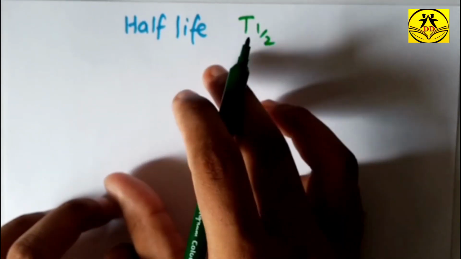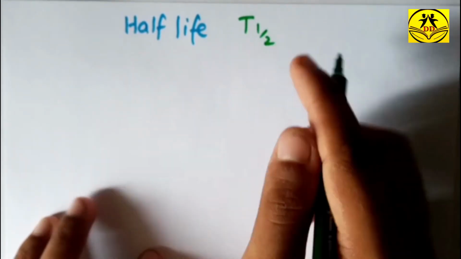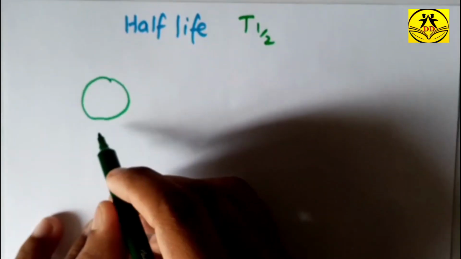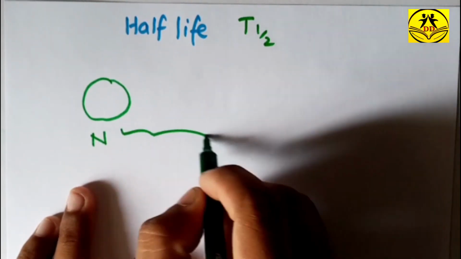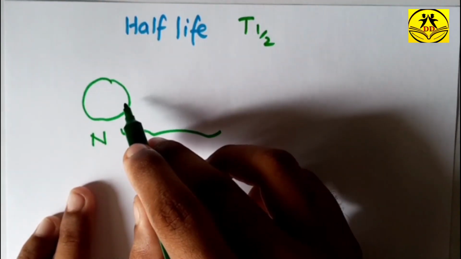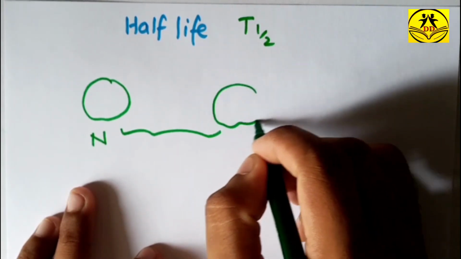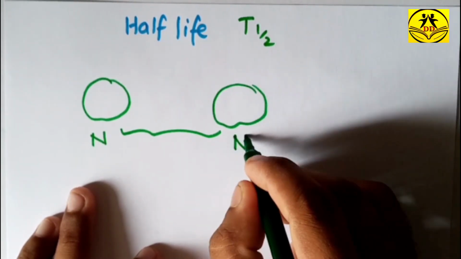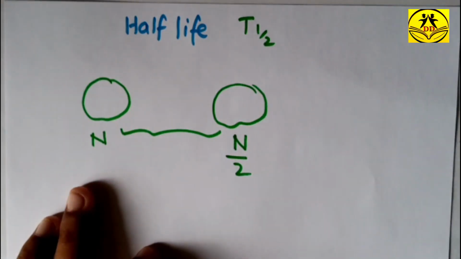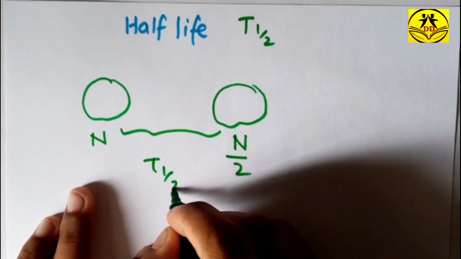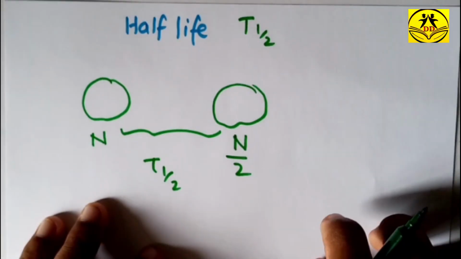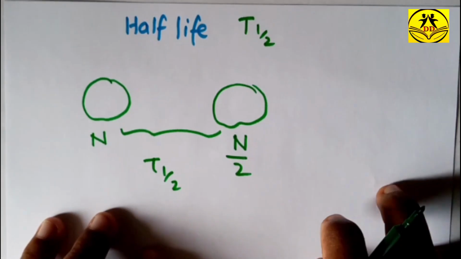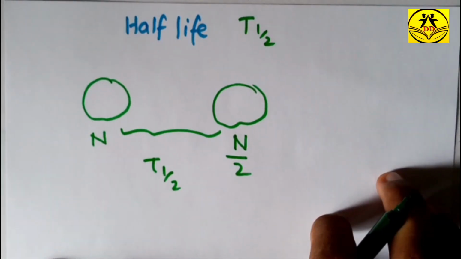When we take a radioactive sample of N number of nuclei, the time taken by this sample to become the number of nuclei N by 2 is called the half-life. Okay, so the half-life of a radioactive element will be a constant for that radioactive substance.